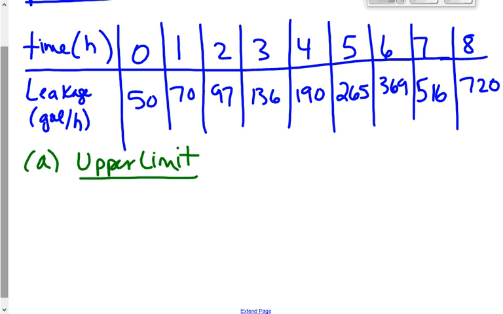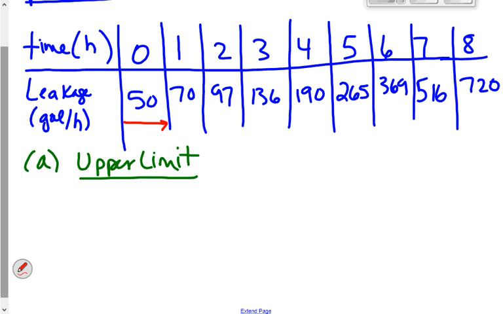Note that over the course of an interval, as we go from 0 to 1, somehow the amount of oil that's leaking is changing from 50 to 70 gallons per hour. It's not like I just turn the faucet on harder when 1 hour starts and now I'm losing 70. It's more of a gradual thing.